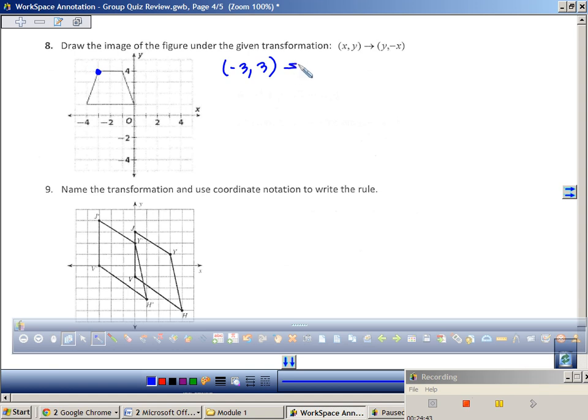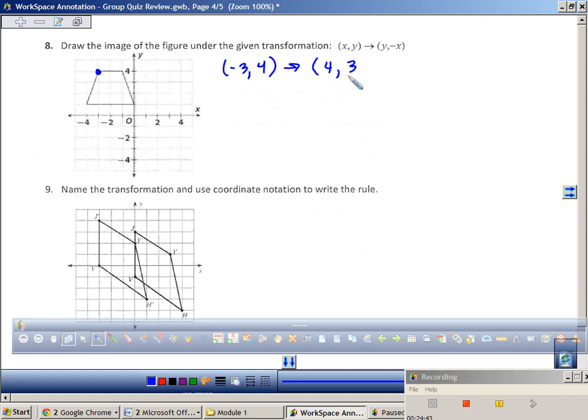After my transformation, what's that going to change to? So what becomes the x? Oh, that's what you guys are yelling at me about. This is smaller, you're wrong. Okay, are we better now? Okay, now what? Now it's 4 and 3, because the -3 goes into the y position and it becomes the opposite.